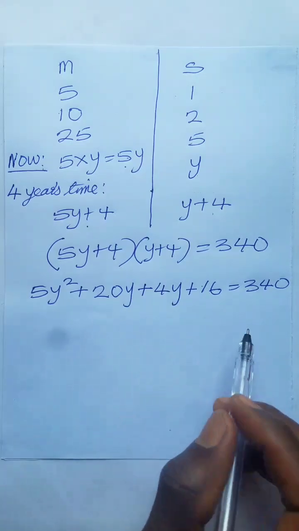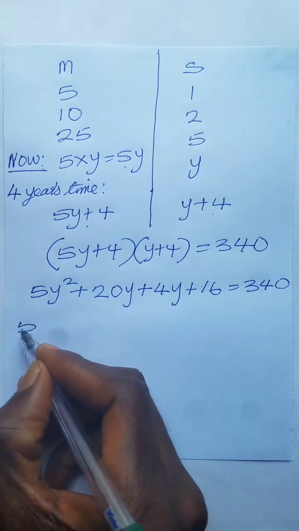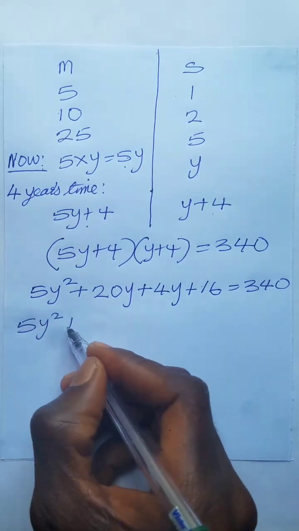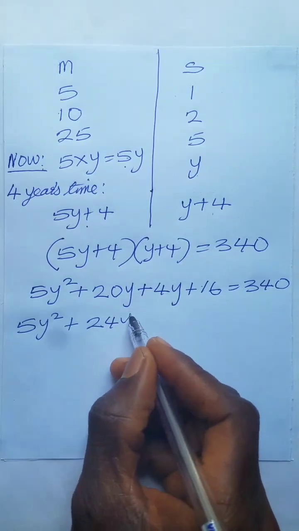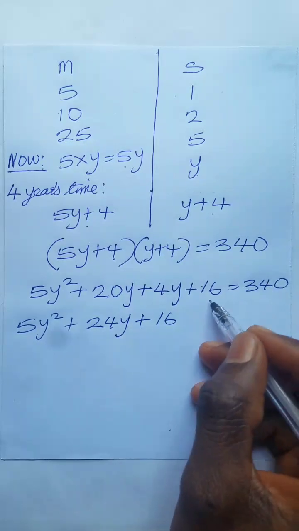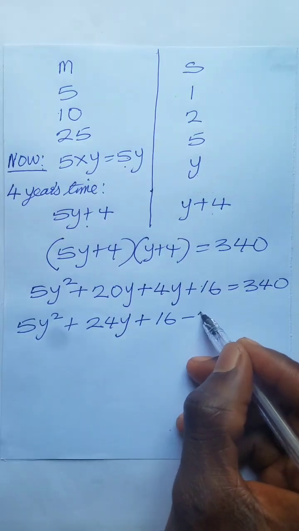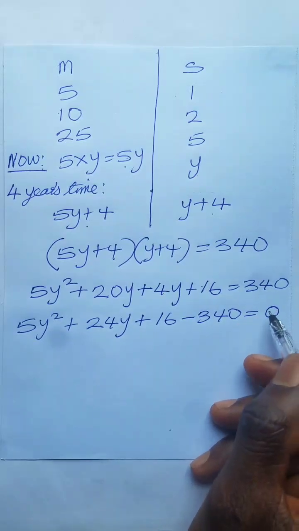So let's do that. We can also add this to this. So let's do that. 5y squared plus 20y plus 4y, that is 24y, plus 16. Let's bring 340 over here, becomes minus 340 is equal to, nothing is left there, that's 0.